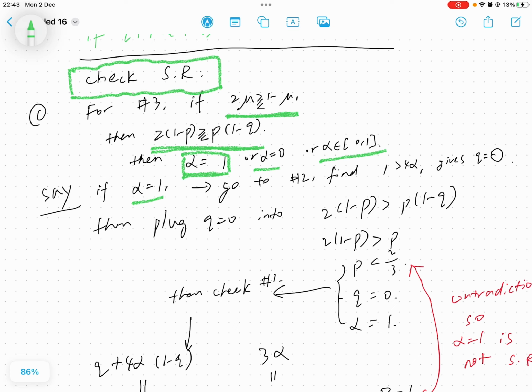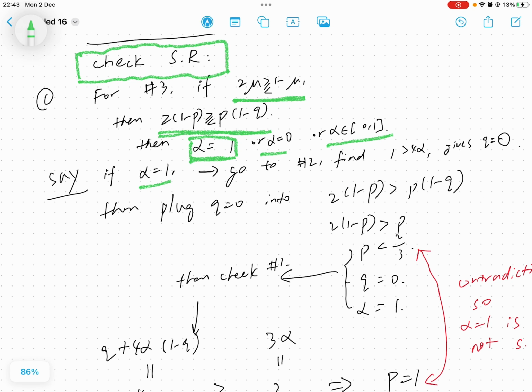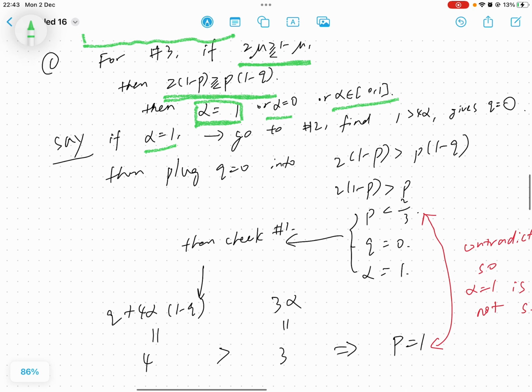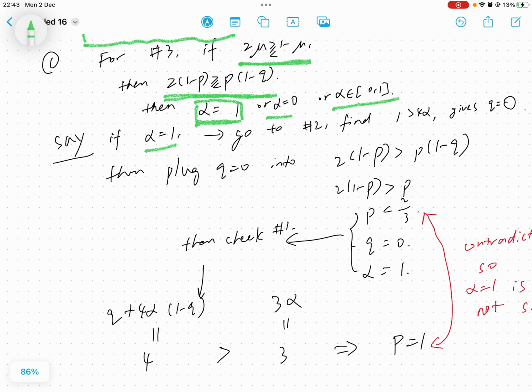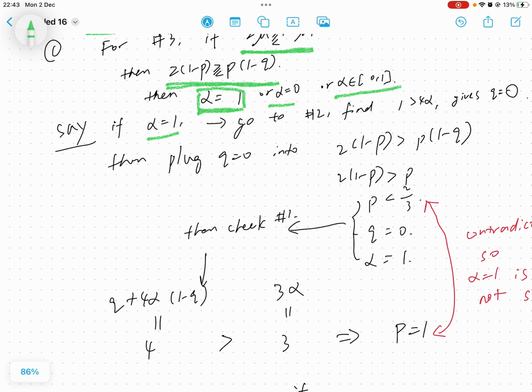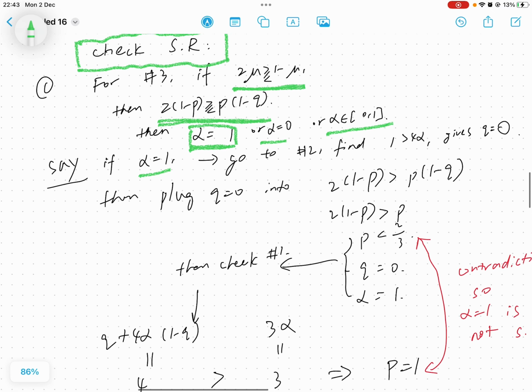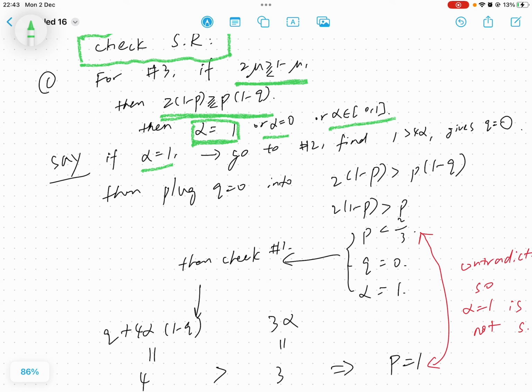Now we move upwards and go to player 2, and we find that if alpha is 1, then 1 is greater than 4 alpha, and that gives q is 0.